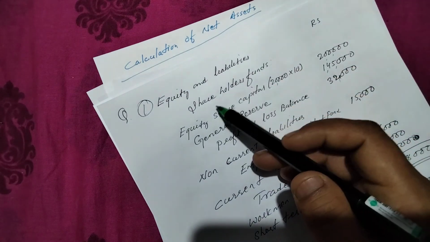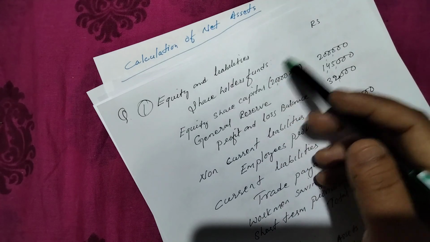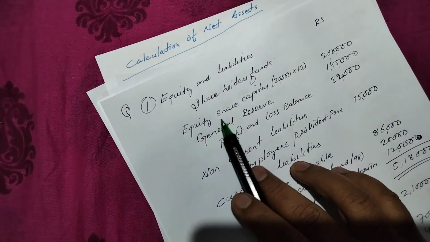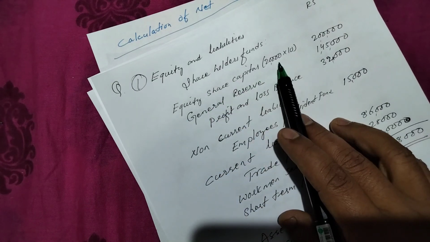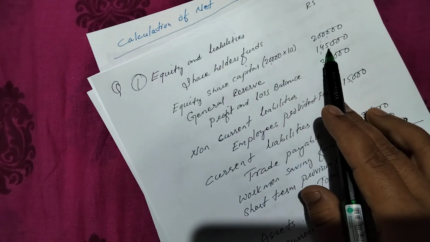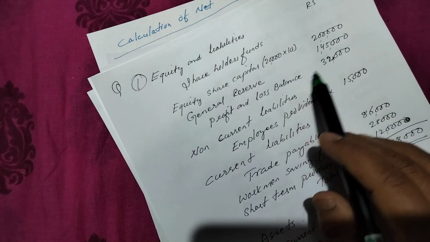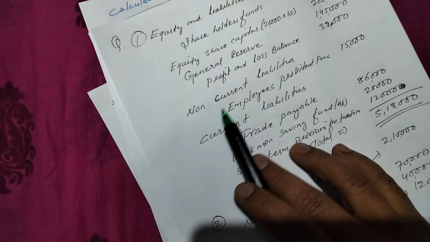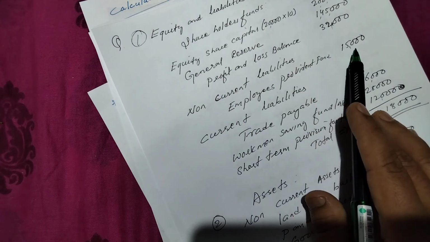First, equity: they have written shareholders' fund. Under shareholders' fund, they have written equity share capital, 20,000 equity shares of 10 each, that is 2 lakh. General reserve, they have written 1,45,000. Profit and loss account, loss balance 32,000. Under non-current liabilities, employees provident fund 15,000.